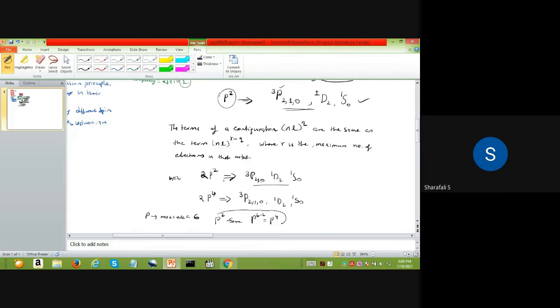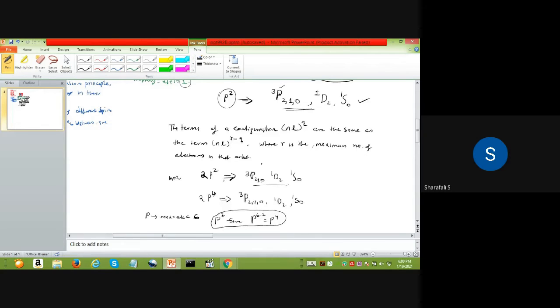So these two will have the same spectral terms. If you want to calculate, you can calculate by using the conventional method. But if you remember this, then you can write it. If p2 has these spectral terms, then p4 will also have the same spectral terms.